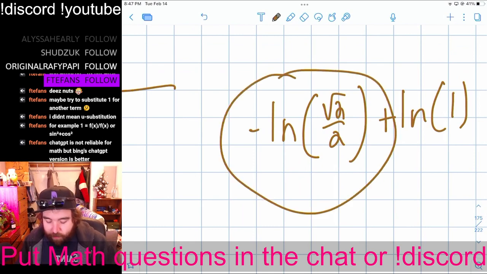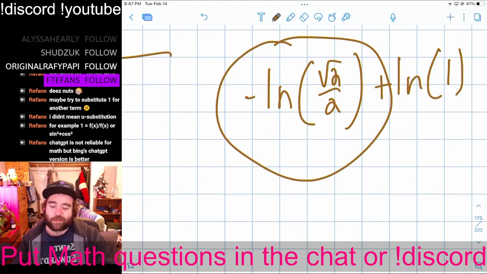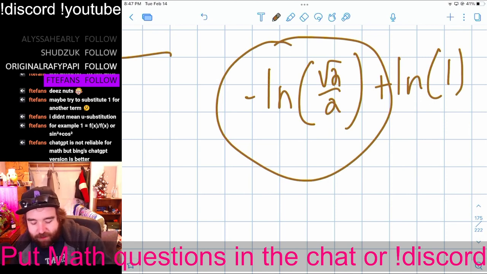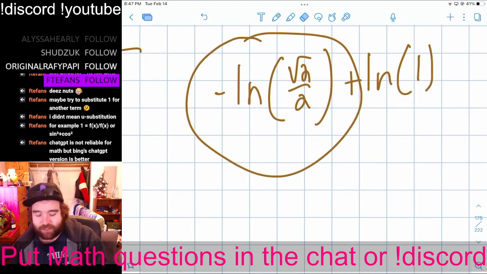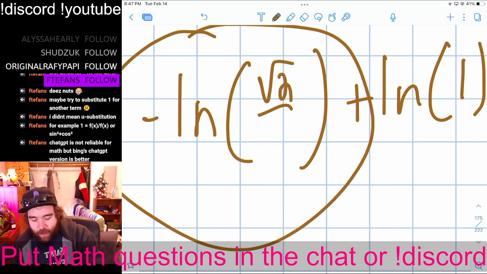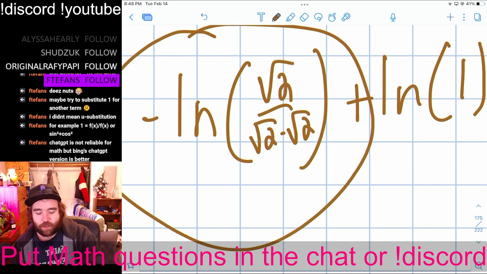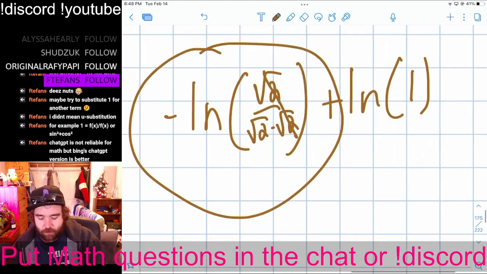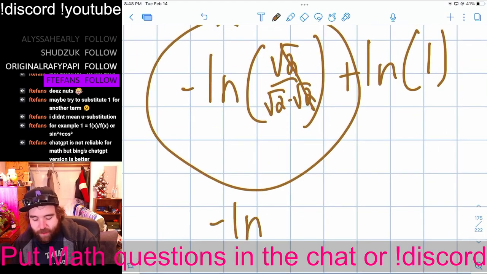I'm going to make that a little better in interesting ways. And again, logarithms are fun like that. What do I really want to do? I want to unrationalize it. Yeah, no, this is beautiful. To me, I write this as root 2 times root 2, so I can cancel these root 2's, because then I have the negative ln of 1 over root 2.